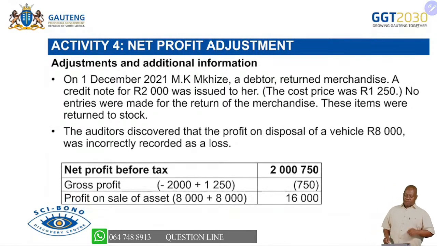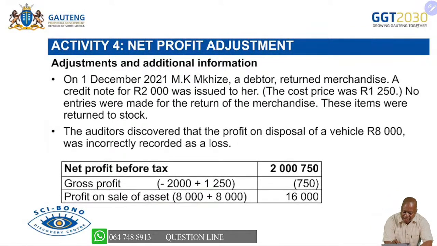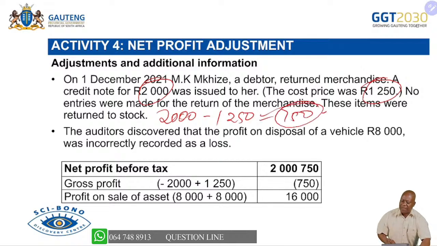Now, check here. The net adjustment of this is 2,000 minus 1,250. It means these goods were being sold at a profit of 750. So it means we added a profit of 750 by selling these goods.